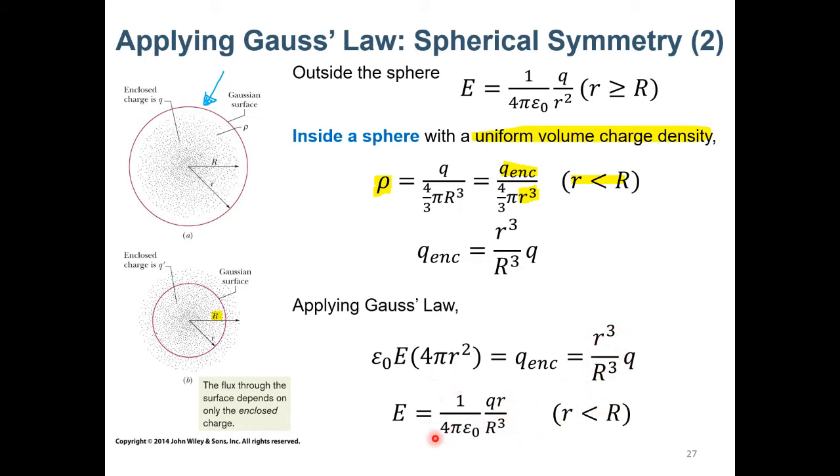So we have k Q r over capital R cubed. So the E field inside the non-conducting sphere, which has a uniform charge distribution, is proportional to the distance from the center.